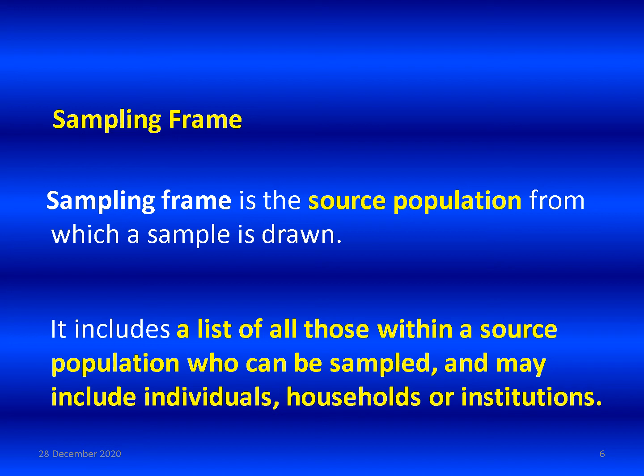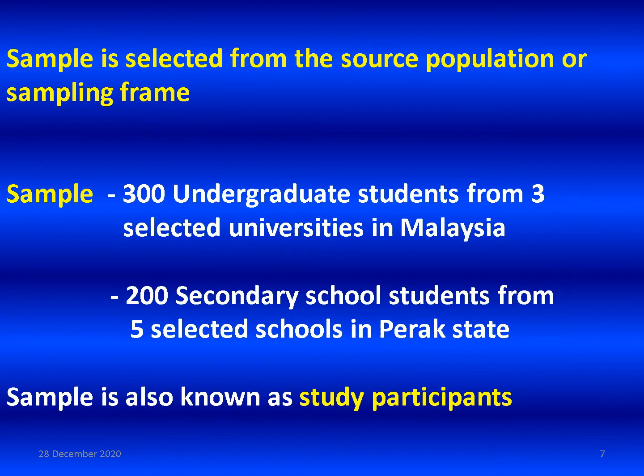So sampling frame can be a list of individuals, a list of households, or a list of institutions. Sample is selected from the source population or sampling frame.